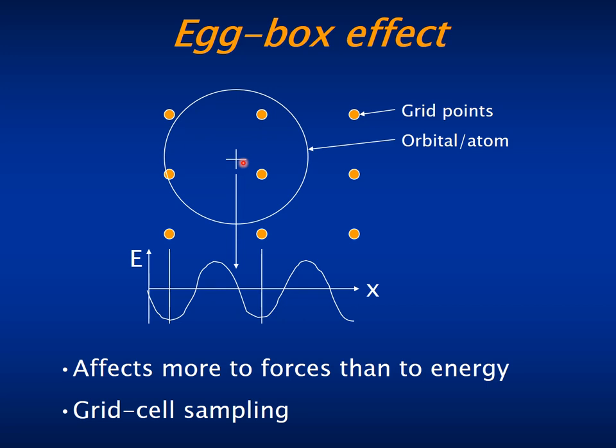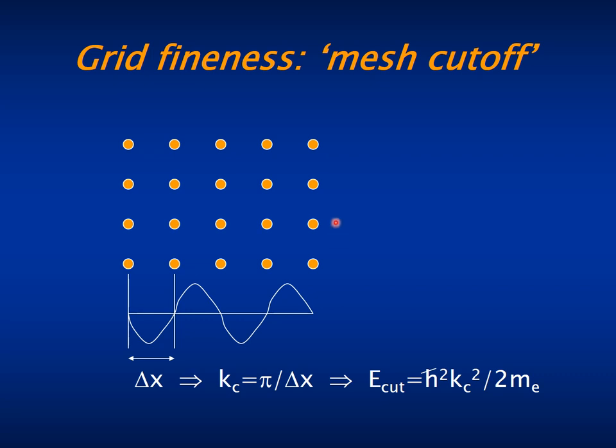To ameliorate that, SIESTA allows to perform what we call grid cell sampling by calculating the matrix elements at different positions of the atoms relative to the grid points. An important factor of accuracy in SIESTA is the fineness of the grid used to integrate the matrix elements.